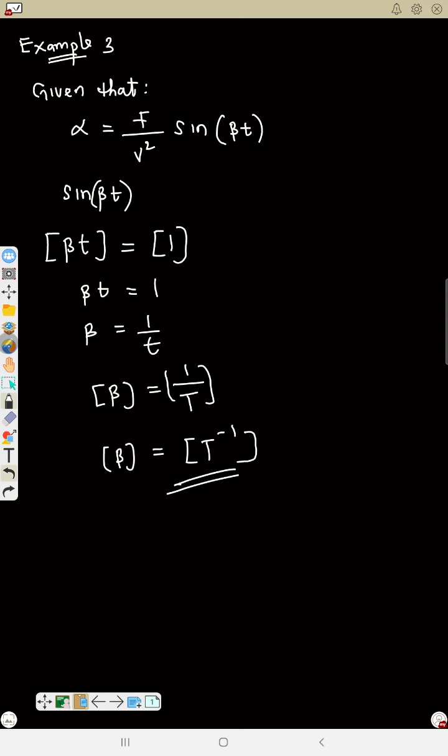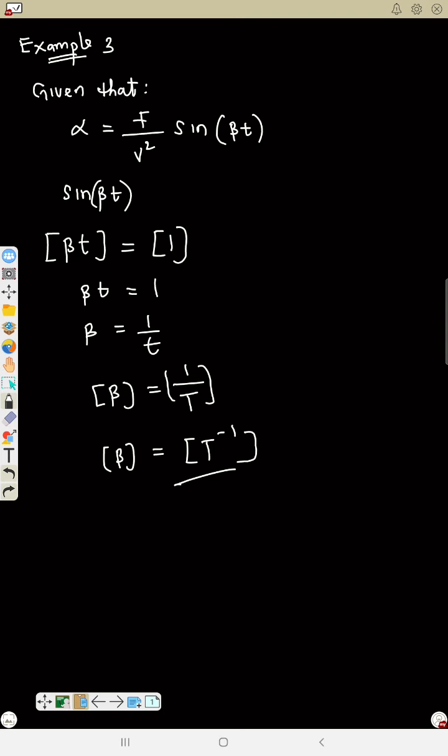That means the dimension of beta is T raised to power minus 1. We use the technique that everything inside the sine must be dimensionless, meaning it's equal to 1. If something is dimensionless, we let it equal 1, meaning it does not have dimension. So that is the answer for beta.